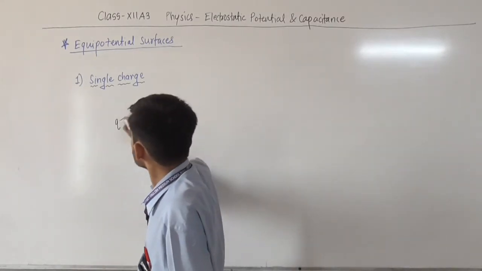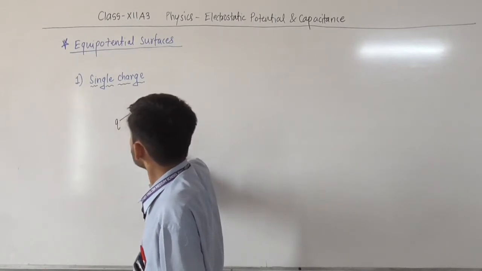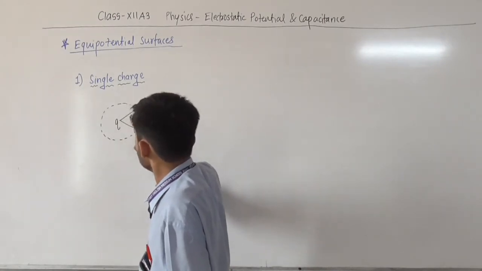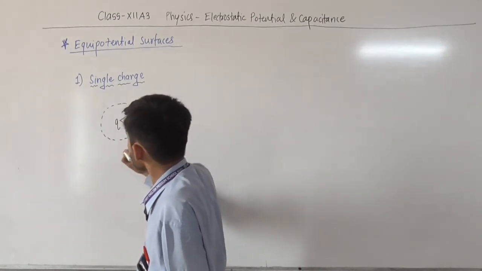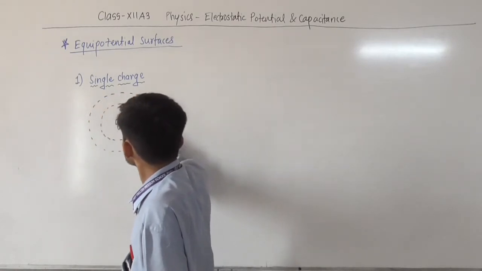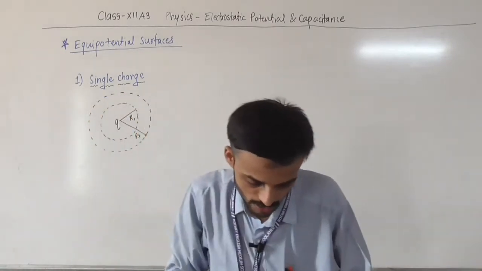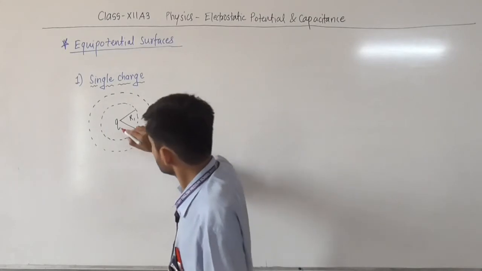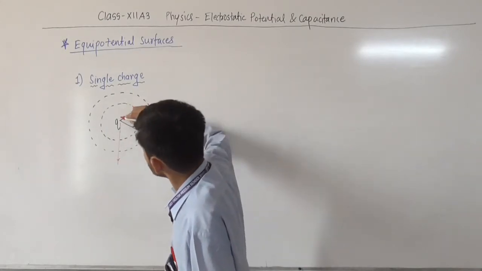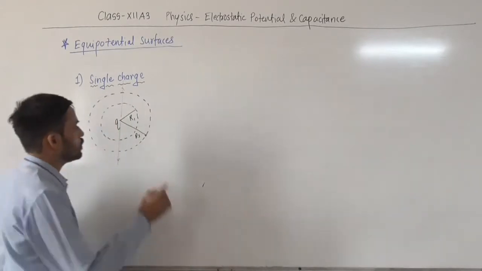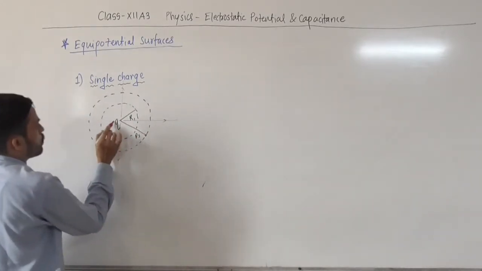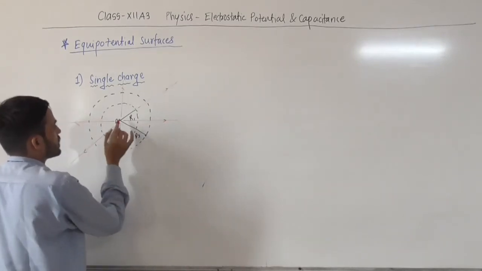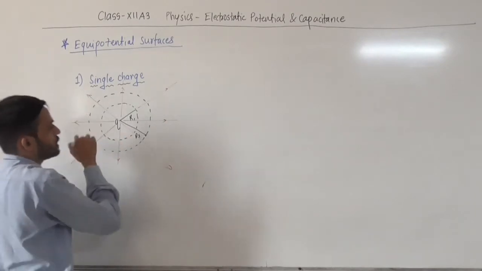Charge Q. Okay. This is say radius R1. So I have drawn one surface. Okay. And this is suppose radius R2. And I have drawn one more surface. So you know that the electric field will be like this. I have made a very faint drawing for electric field because we don't need it now.